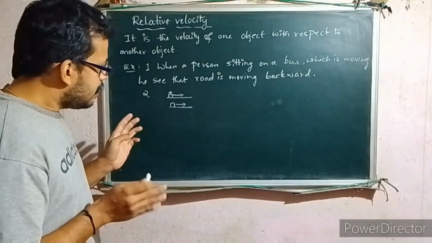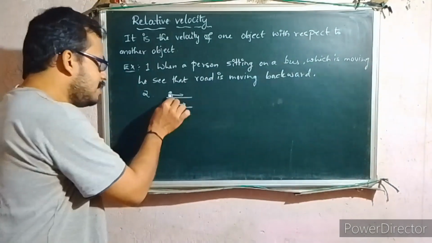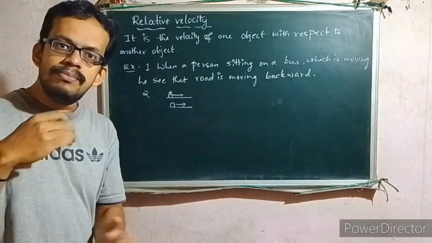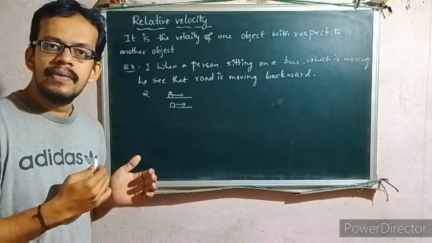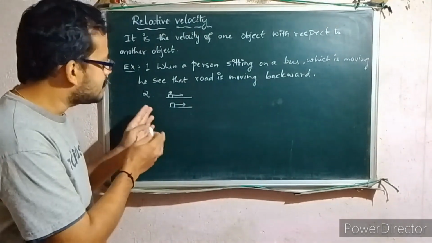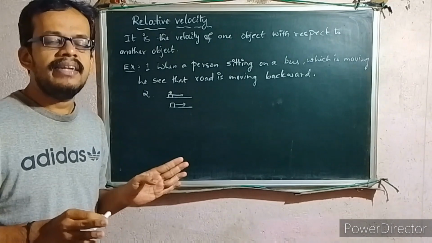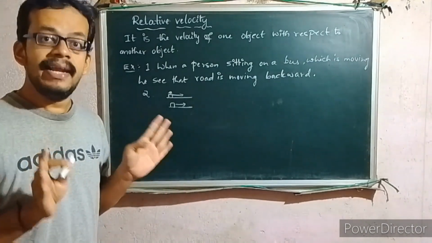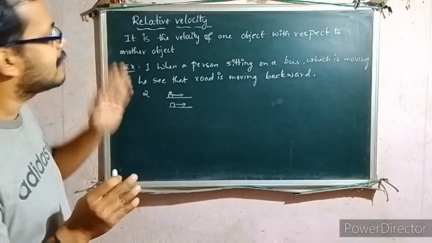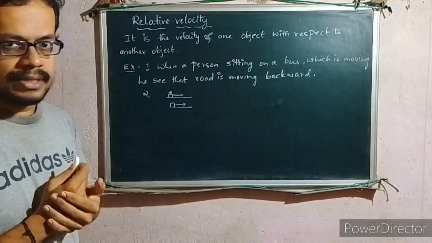Okay, but if a person sitting on one train observes the other train, he feels that the other train is at rest. That is because of relative velocity. Okay, the same factor, relative velocity.